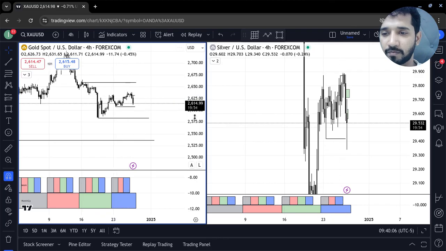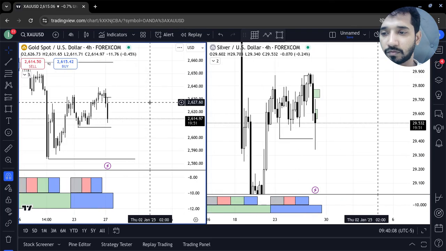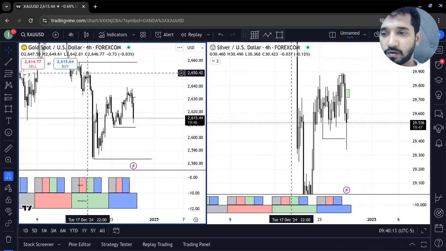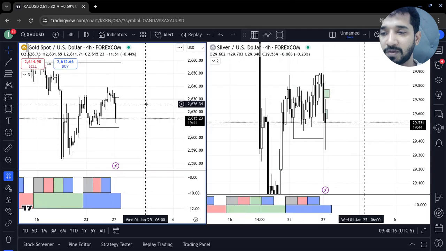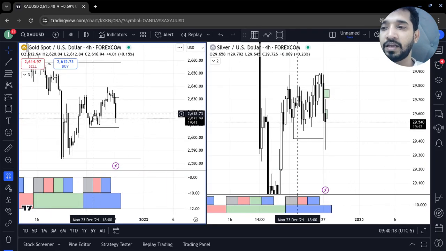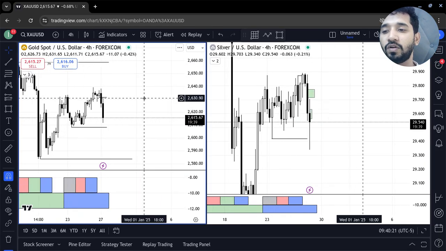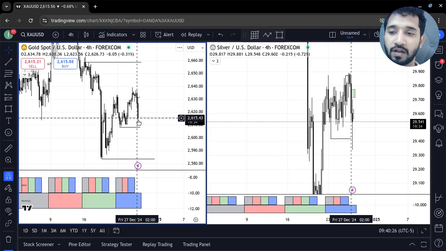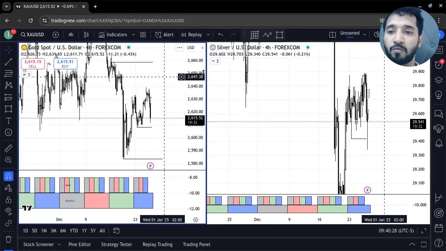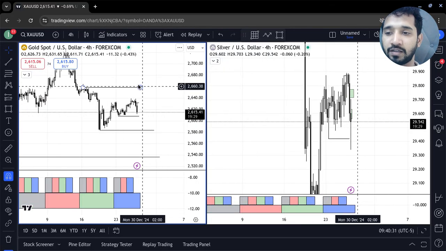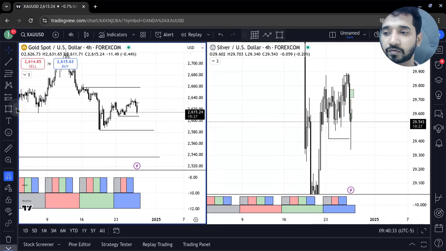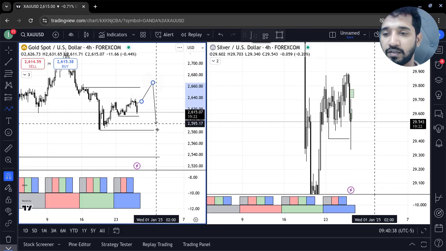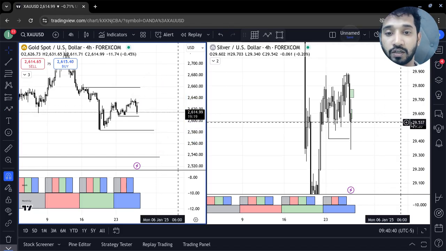But at the same time, if we form a sequential SMT on a monthly cycle, then only you can anticipate the coming week that price will move along higher to target these liquidities right here, and then delivering lower, just like I mentioned yesterday.